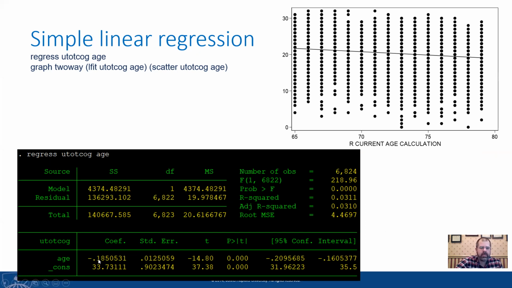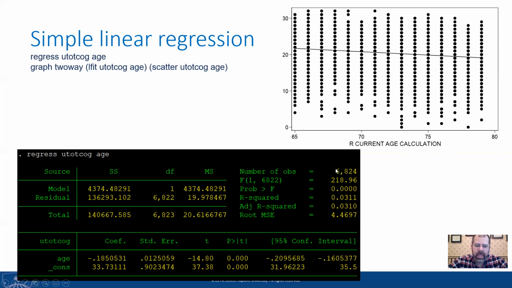This parameter, 0.185, has a standard error of 0.012, and the coefficient divided by the standard error equals the t-statistic, which can be translated into a p-value, which is highly statistically significant. We can also get a 95% confidence interval for this beta coefficient, which is shown on the right-hand side of the regression output.